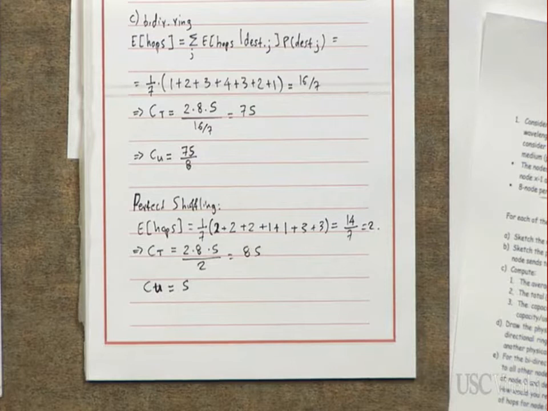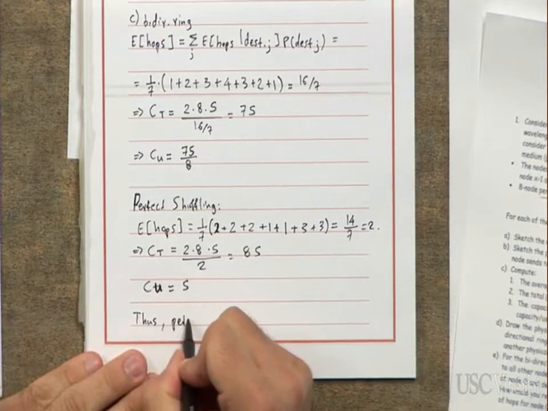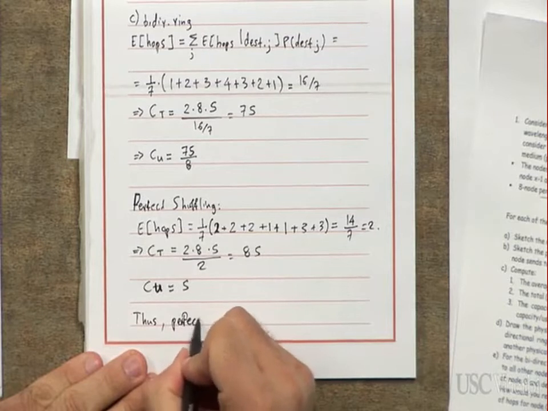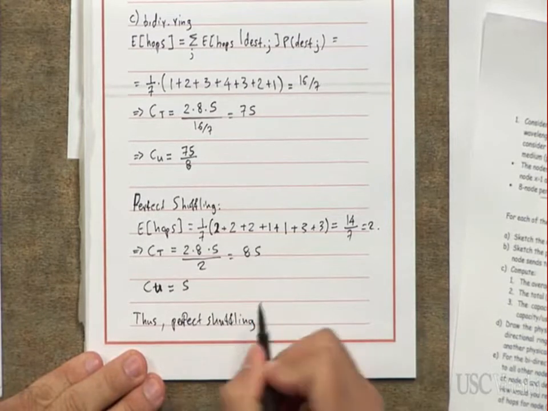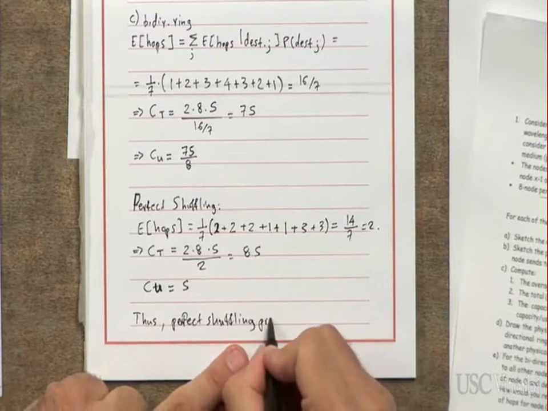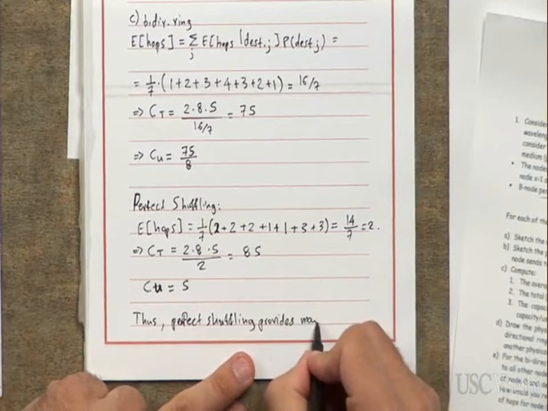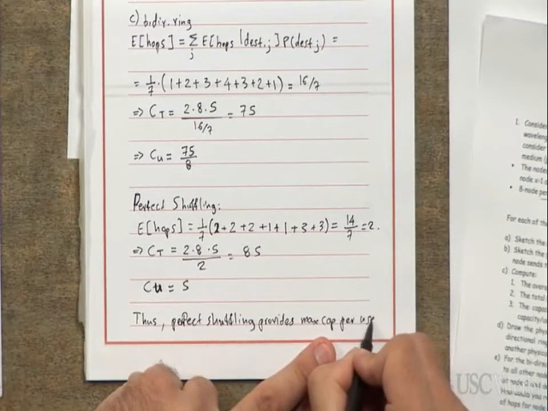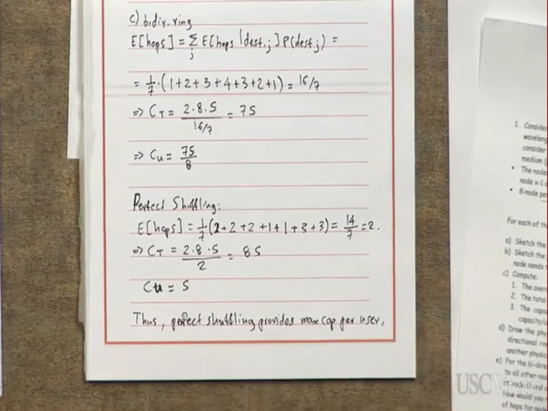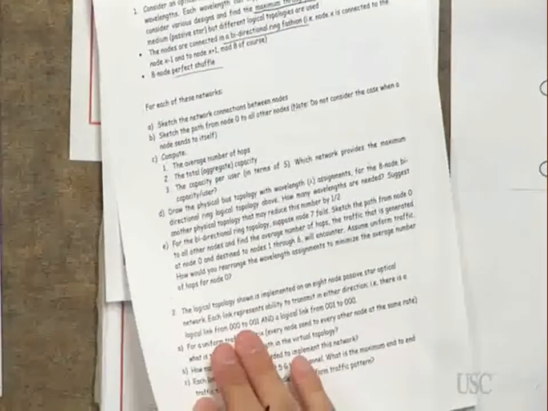Perfect, Saflin. Provides max capacity per user. Okay? That's fine. Now, what else is left?